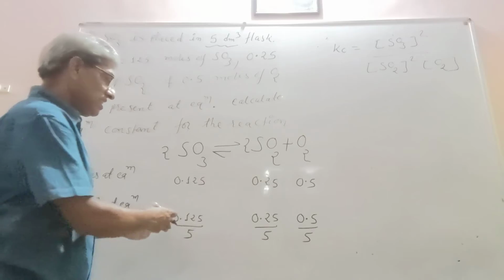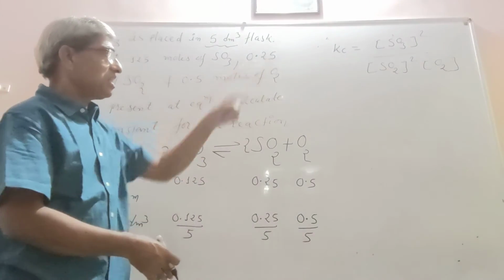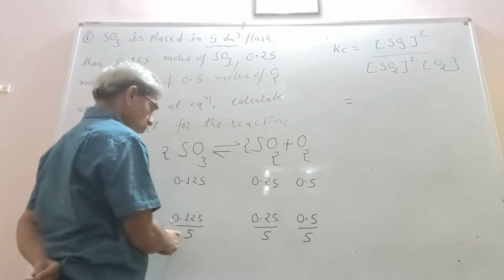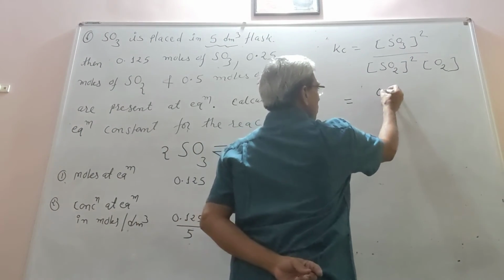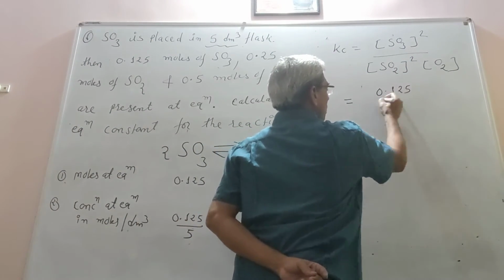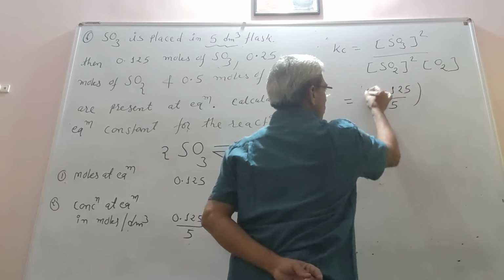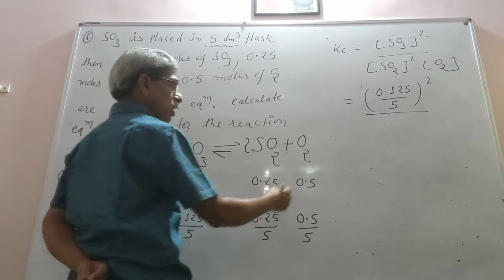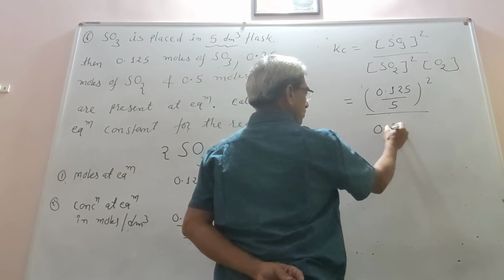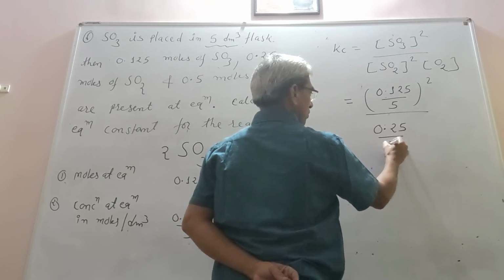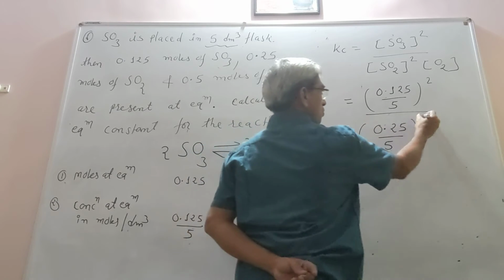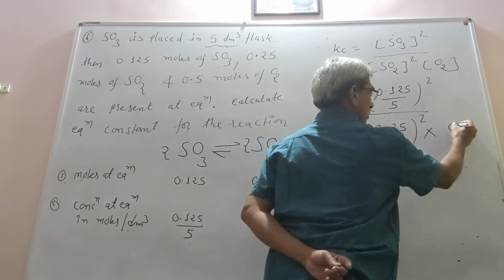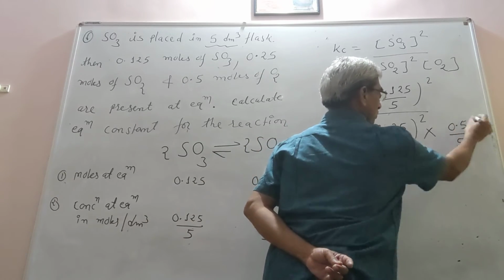Then by putting these concentrations in that equation, we can write concentration of SO3, 0.125 upon 5 raised to 2, upon SO2 0.25 upon 5 raised to 2, into O2 concentration 0.5 upon 5.